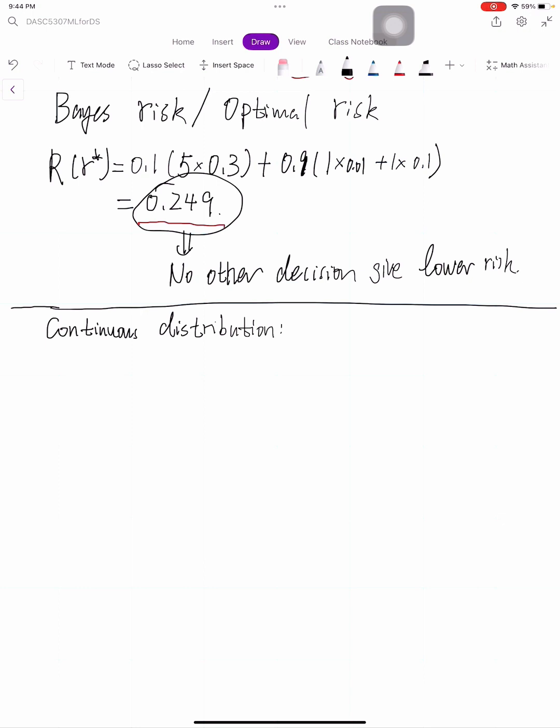So if a random variable x has a continuous probability density function f(x).